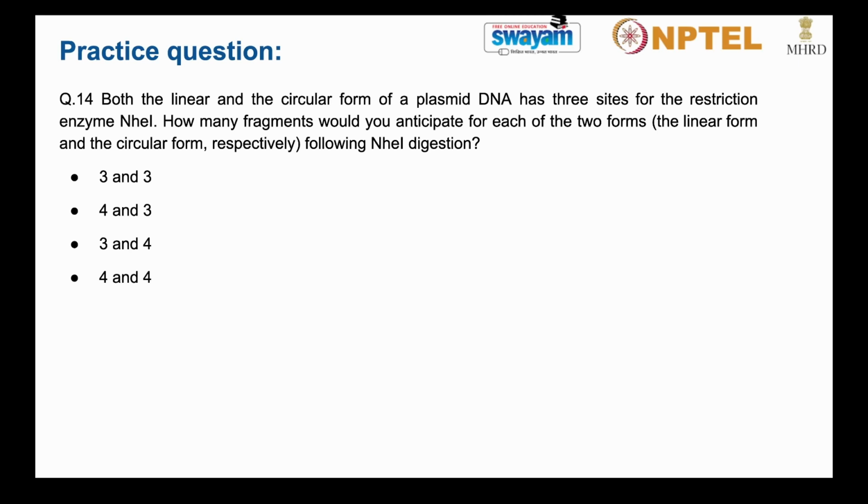It's quite straightforward. In this, one is the linear form of plasmid DNA and another is circular form, and there are 3 sites for the restriction enzyme NheI. So it's very clear. You can guess. You can give your answers in the chat if you don't want to speak.